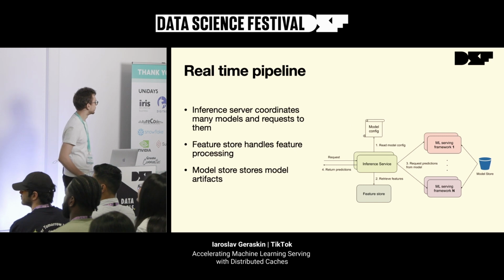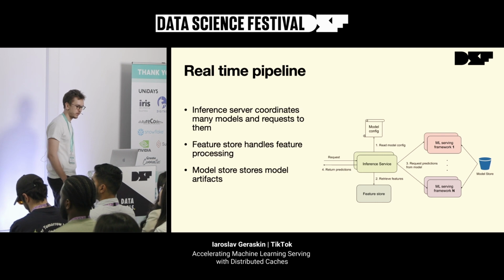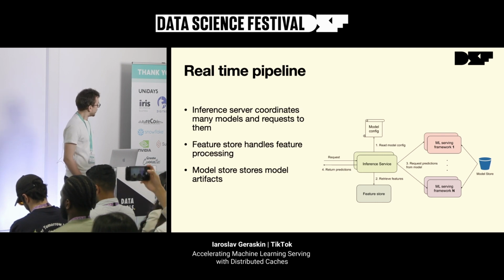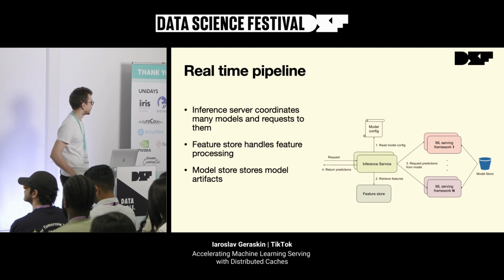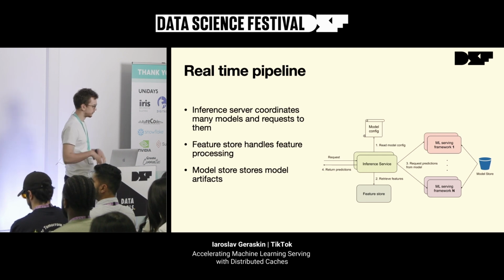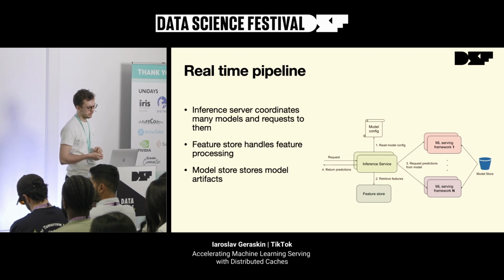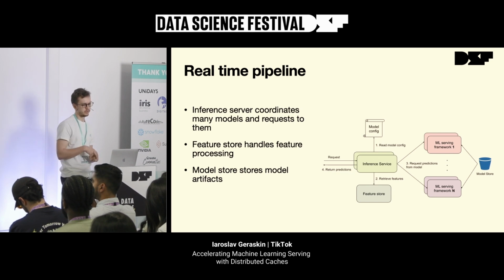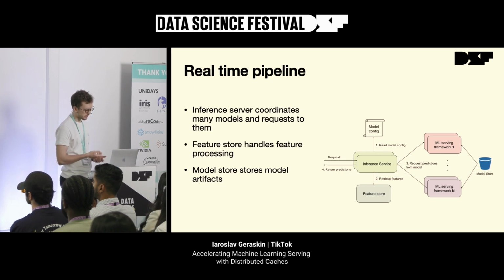So let's look at a real-time pipeline and components it can have inside. It can have multiple components. First of them is an inference server, which handles all of the requests that need to perform some machine learning computation. It can host multiple models using multiple frameworks, and can forward the requests from users to the machine learning hosting device to perform machine learning computation.